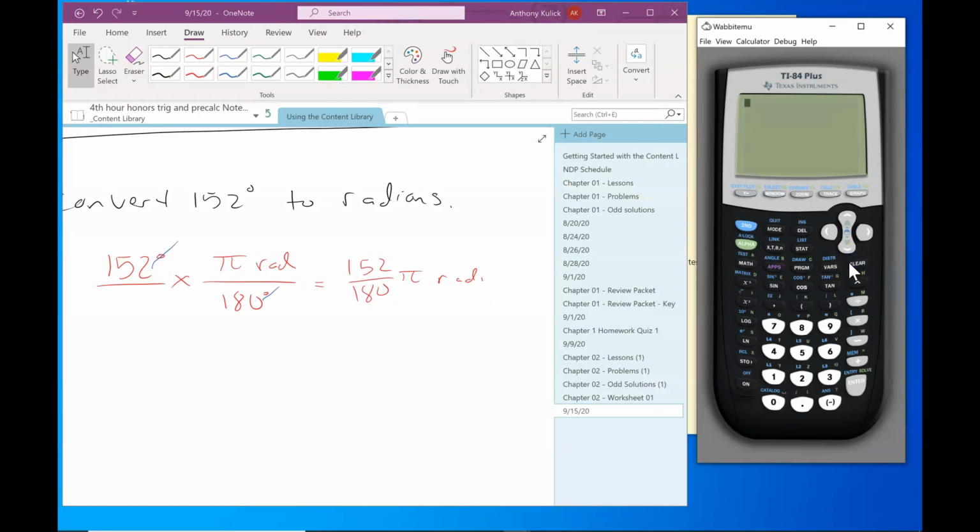So I can turn this into a reduced fraction if I do 152 divided by 180. And then I pick the math menu and choose the fraction command and press enter. It'll give me the reduced version of that fraction.